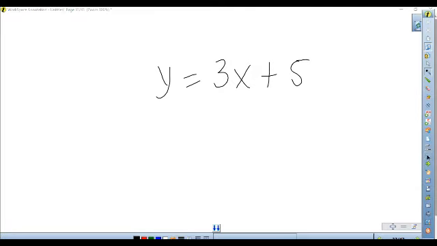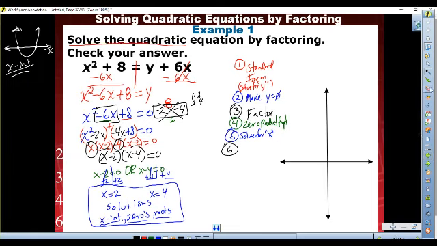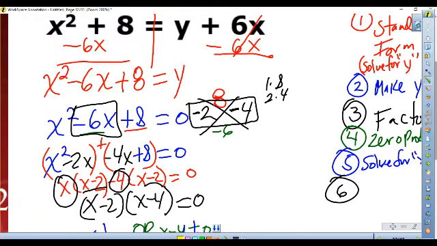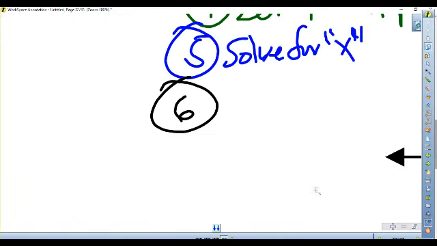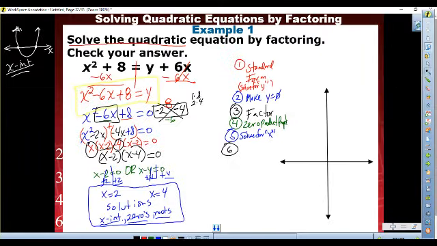Okay, let me go to our problem at hand. Tell your neighbor the y-intercept. That is correct, 8. And that's what we need. That's our first point that we need to get started with our graph. So our y-intercept is 8.